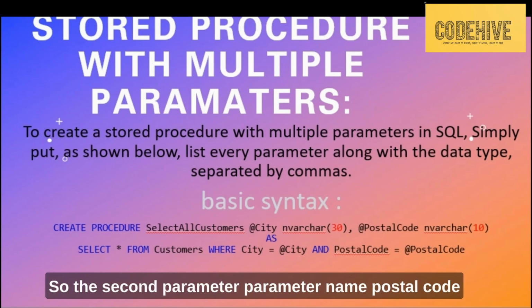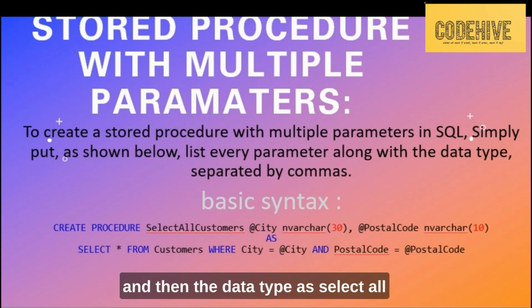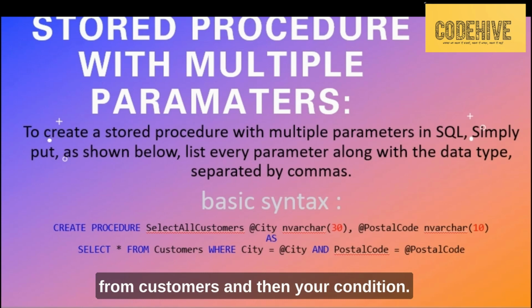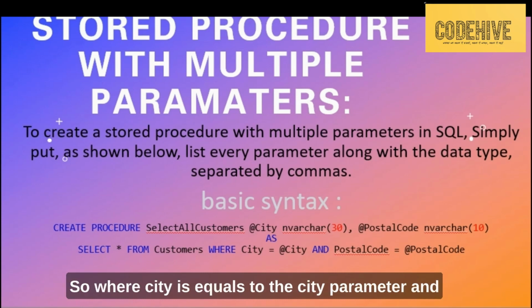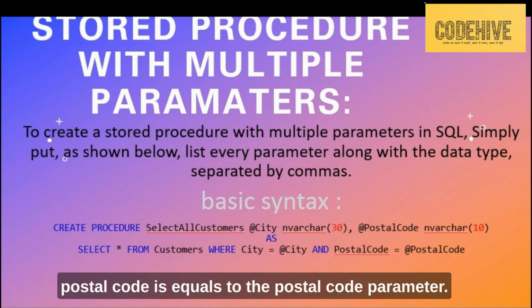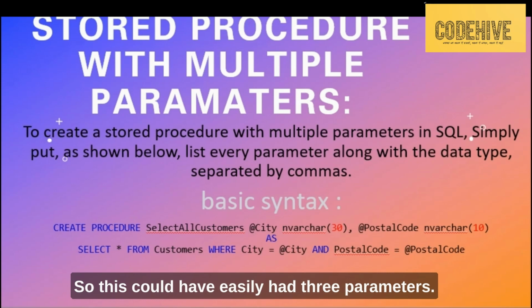The second parameter name, postal code, and then the data type. As select all from customers, and then your condition: where city is equal to the city parameter and postal code is equal to the postal code parameter. This could easily have had three parameters.